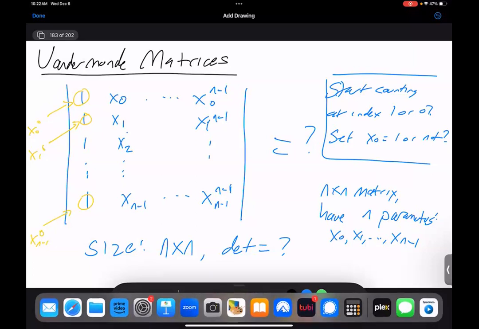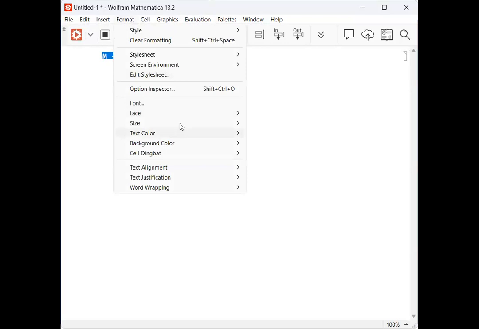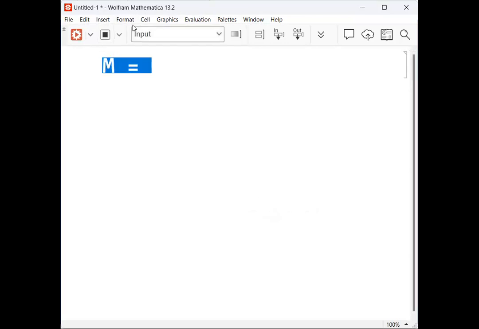All right, so now let me start the share. Let's see if I can share the screen here. Okay, so let's do it in Mathematica, see if I can make this a little bit larger. So let's make M the following matrix.